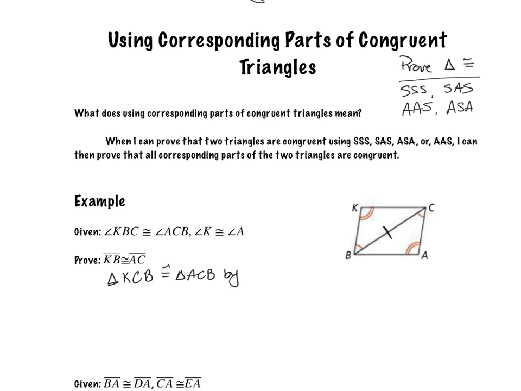It's not in between 2 angles. Remember how if it's angle side angle, this side has to be in between the 2 angles? So it's not, right? Because that would be KB and AC being between both angles of K and A. It can't work that way.